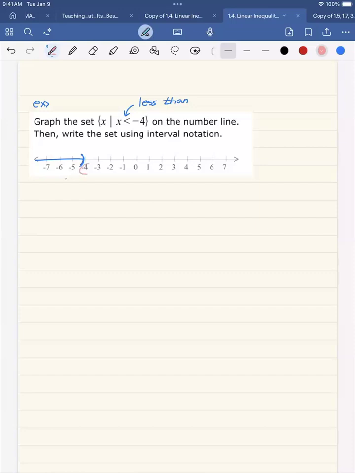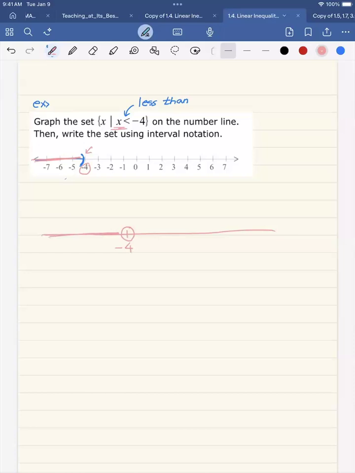Here is negative 4, and that is strictly less than, so we have to use parenthesis notation, and this is less than, so we thicken the left side of that parenthesis. Another notation: negative 4 is here. As I said, this is strictly less than, so we can use this circle notation and thicken the left side of negative 4.